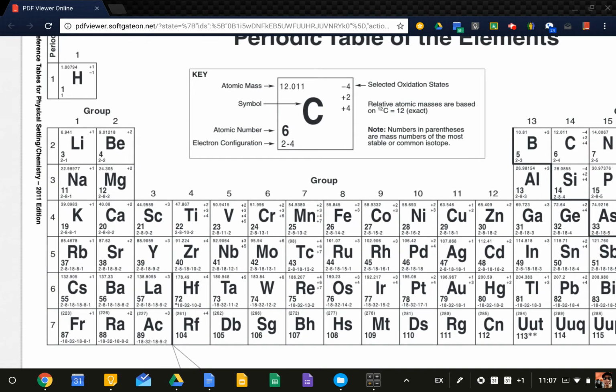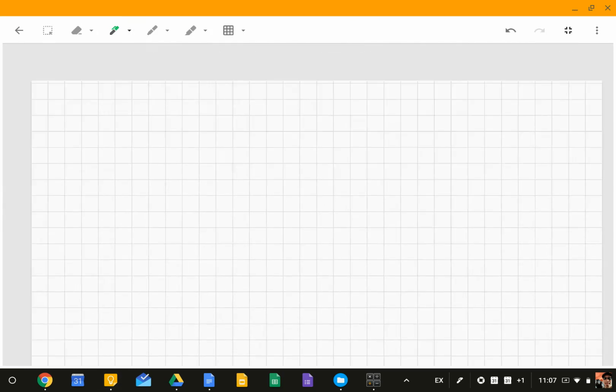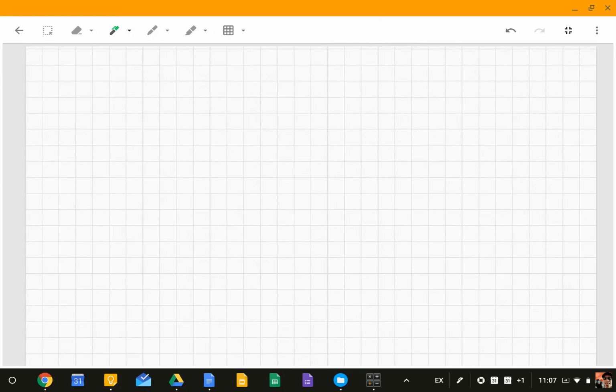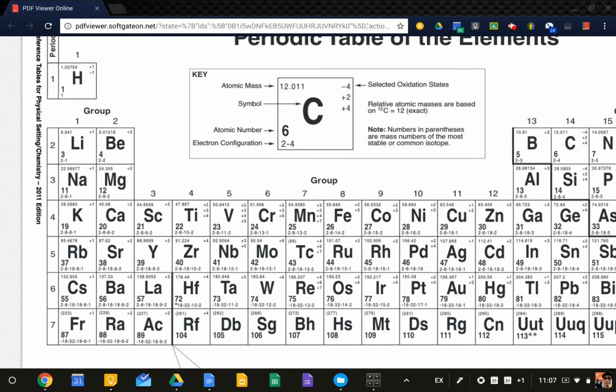So let's do what the student should have done. If we were going to draw the ionic bonding for sodium chloride, here we go. Sodium has one valence electron, which we can tell from the fact that sodium is in group number 1.